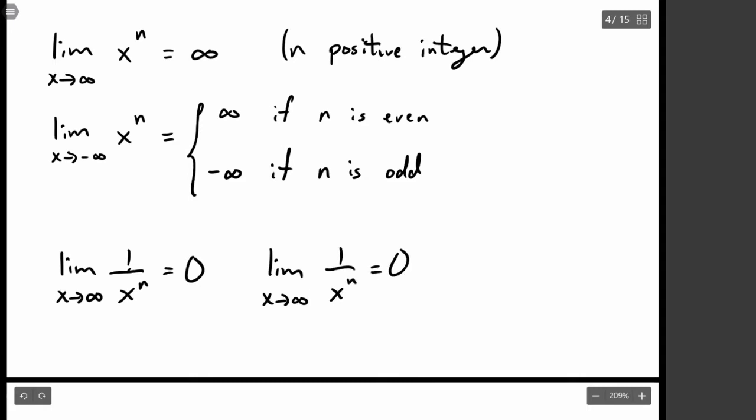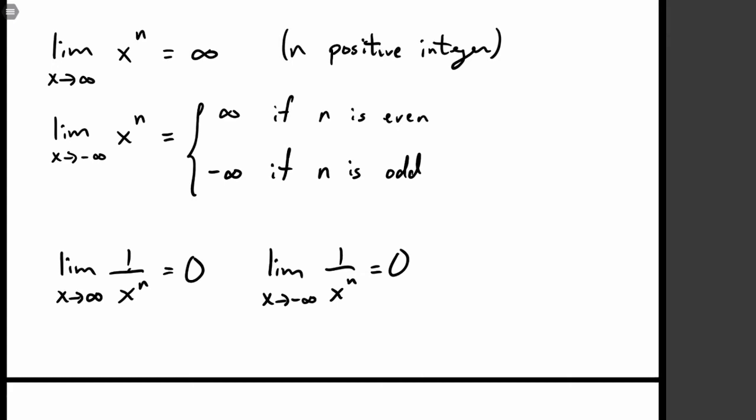This is also 0. Oops, forgot the negative. So whether we go to positive or negative infinity, if we have 1 over x to the n, and again, in all of these examples n is a positive integer, this limit is 0.